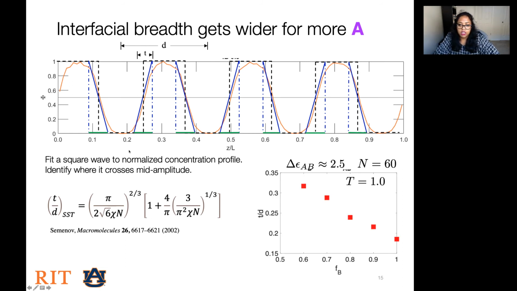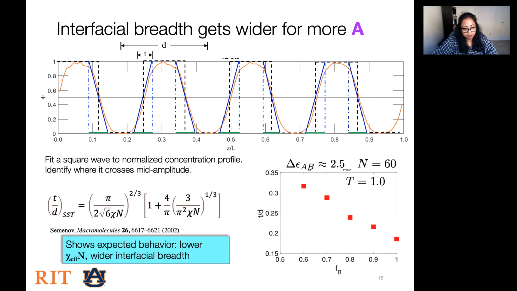And again, as you add more A in the random block, the interfacial breadth really gets wider relative to domain size. All of these are consistent with the idea that as you add more FB, the chi decreases and the structure progresses towards more and more disorder.